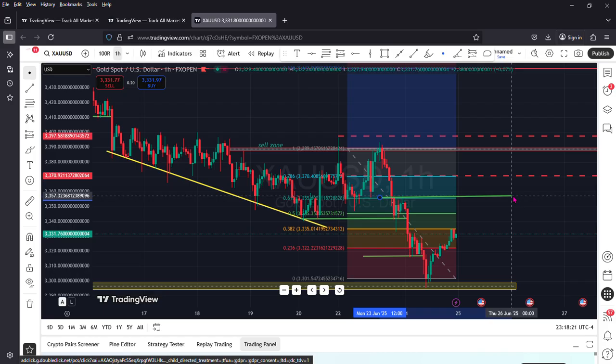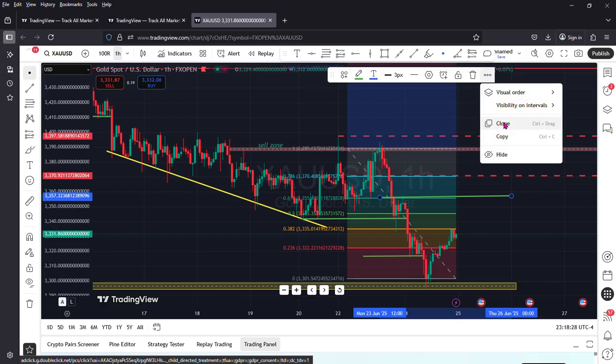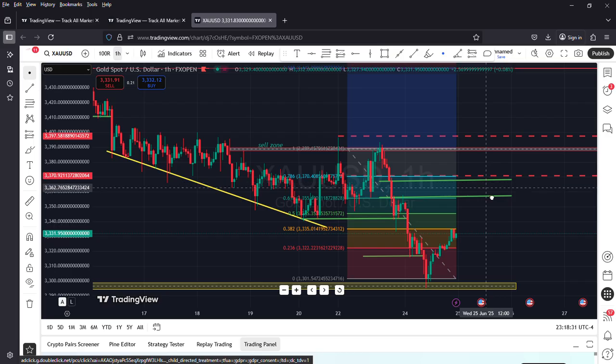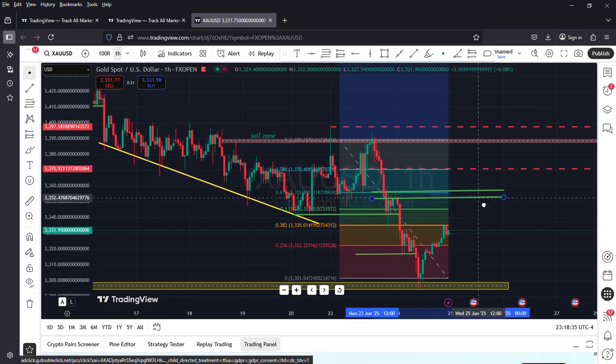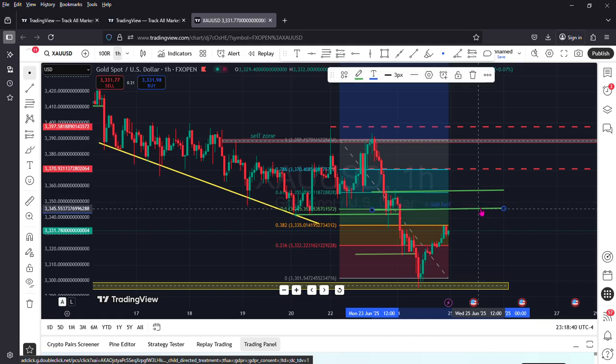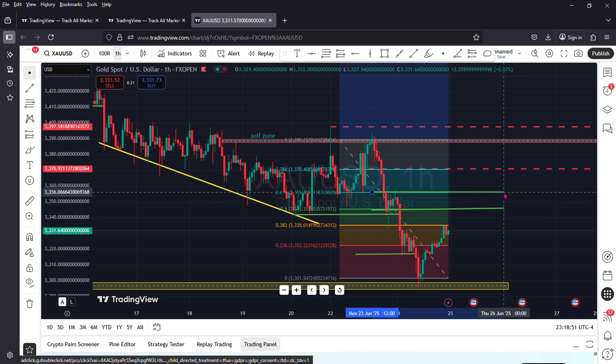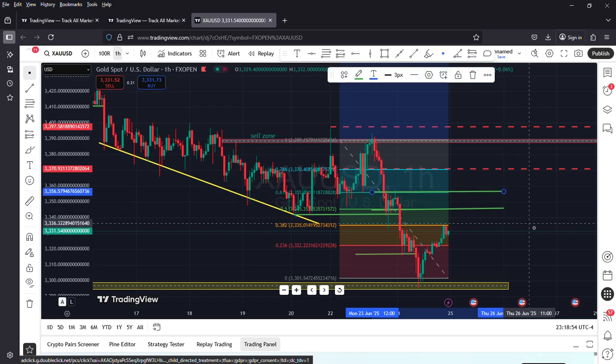So 0.5, 0.6. Fib 0.6. This is the Fib 0.5, this is the Fib 0.6. Inside this area is what we will be looking for a sell.